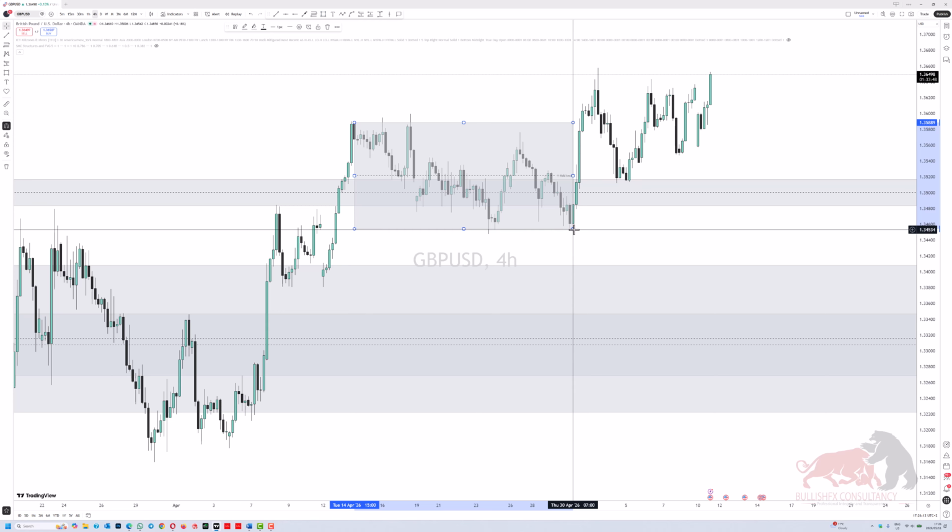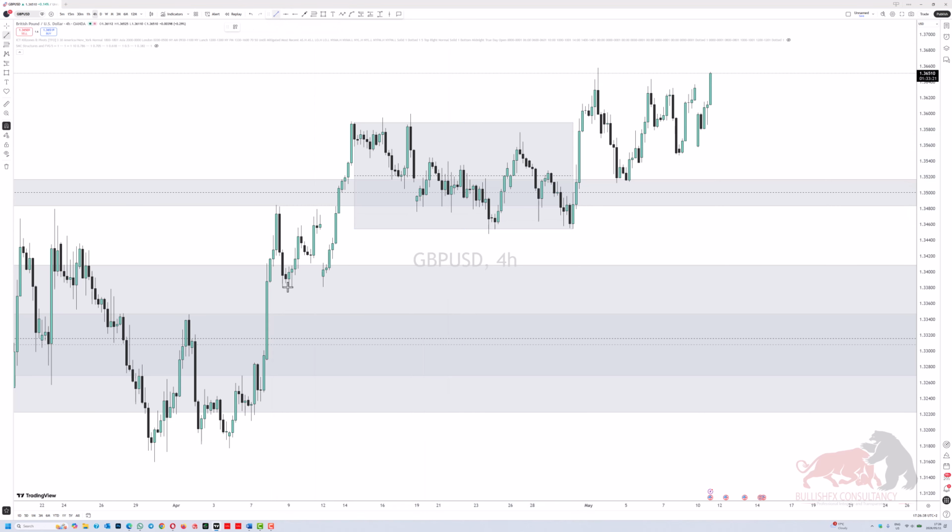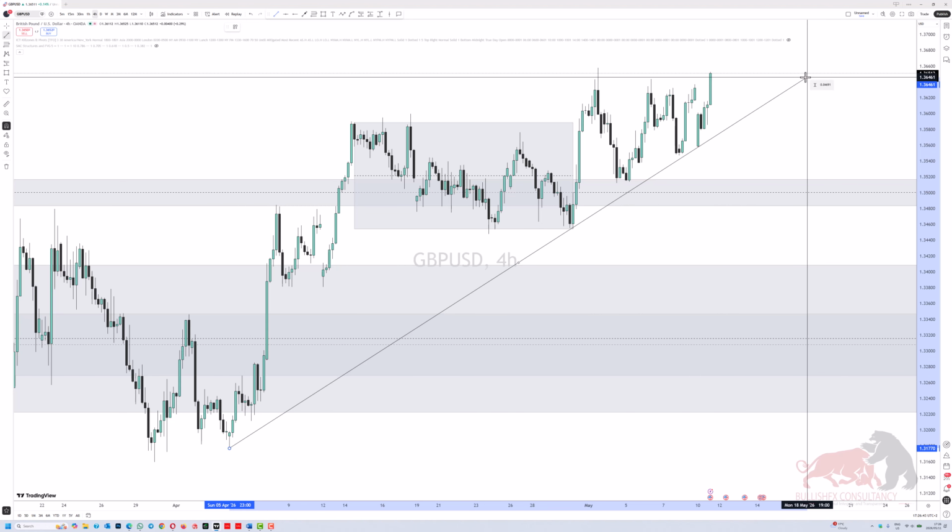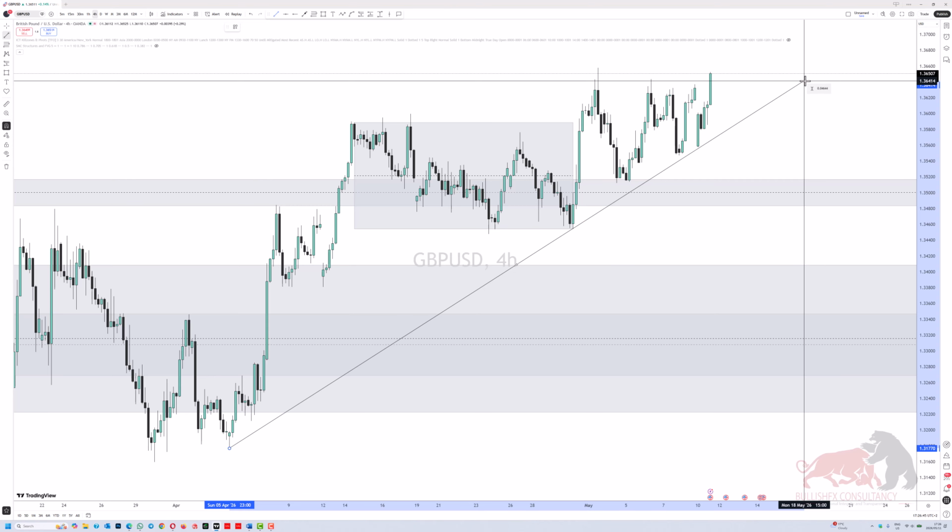But this consolidation does not currently look distributive, right? Instead, it resembles reaccumulation. What we are seeing is higher lows continuing to form, compression building beneath resistance, price respecting bullish structure. You can clearly see we've got an uptrend, old lows remain intact, old highs violated, price pushes, old high violated, old high violated.